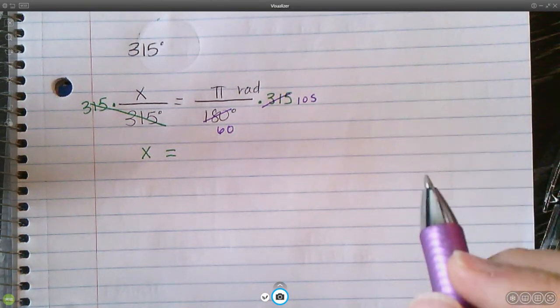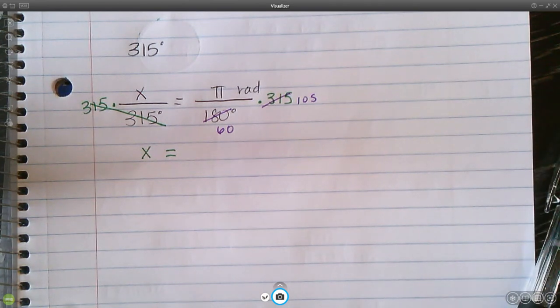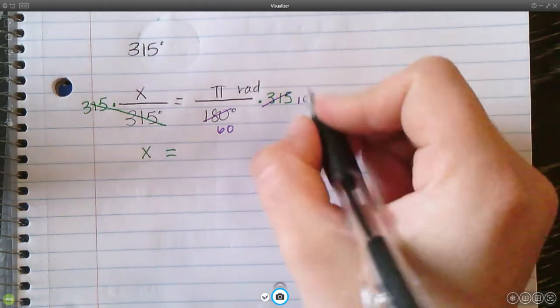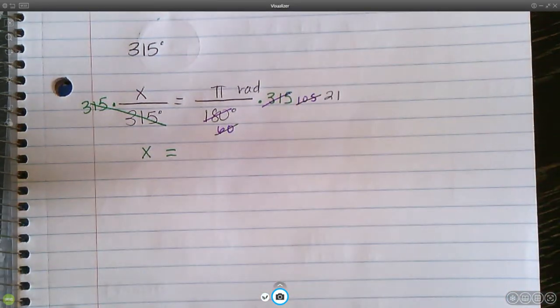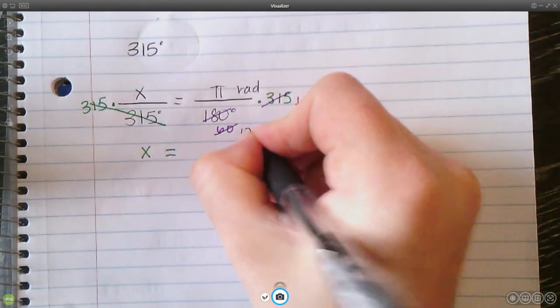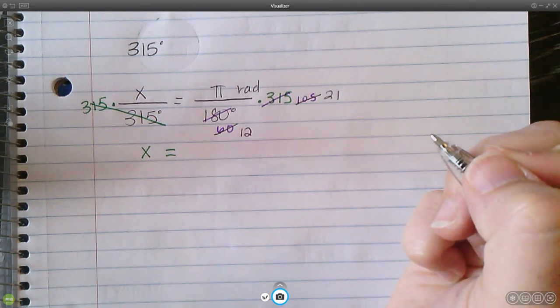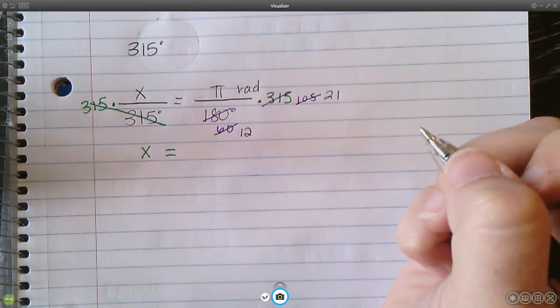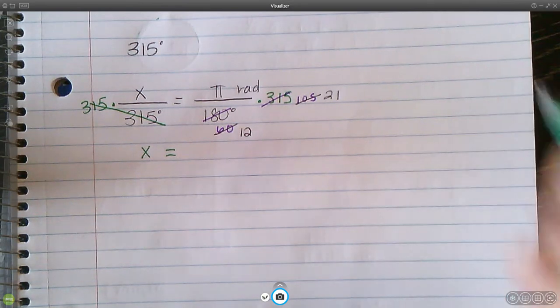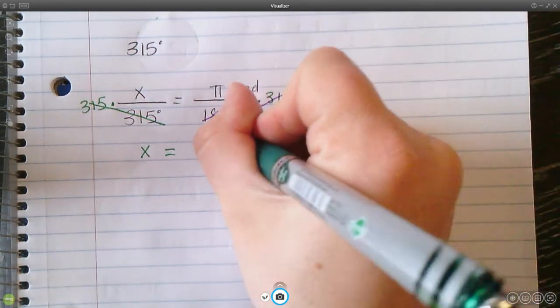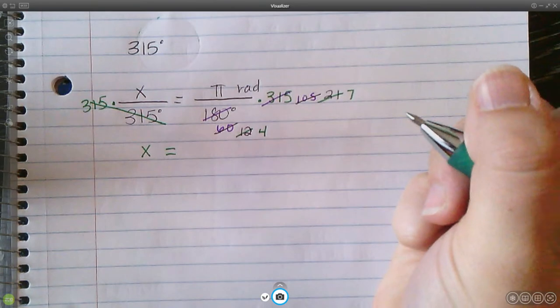Okay, but those can simplify even further because 5 goes into both of them. So if I divide this by 5, I get 21. If I divide this by 5, I get 12. Oh boy. And I can go even further. So what goes into both of these two numbers? That'd be a 3. So this turns into a 7, and this turns into a 4.